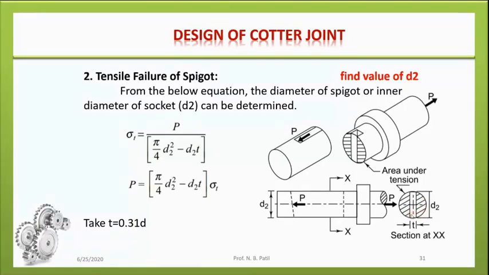So the area is pi by 4 into d2 square minus d2t, subjected to tensile force P. So what is this equation's value? Now, the value of t is unknown. For that value of t, you must consider in every type of problem that t is equal to 0.31 into D. Understand this thing?